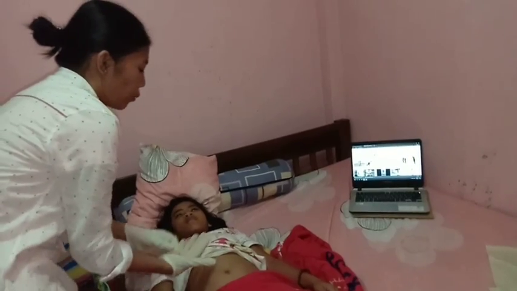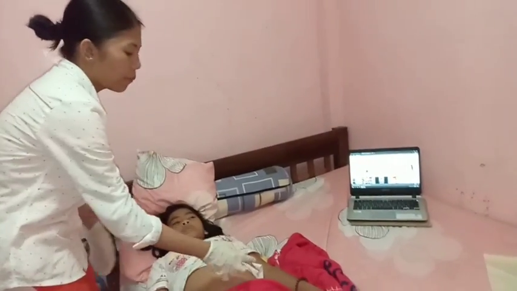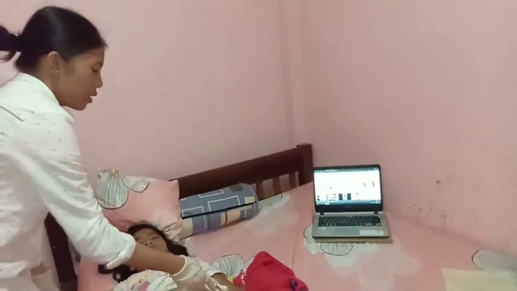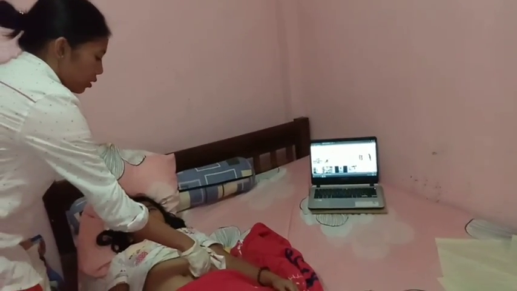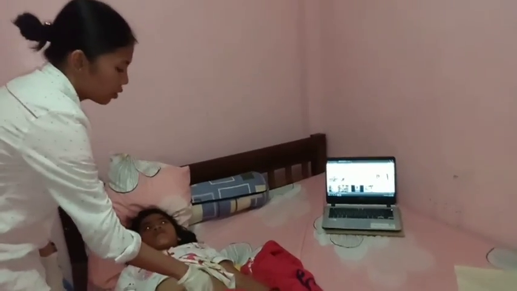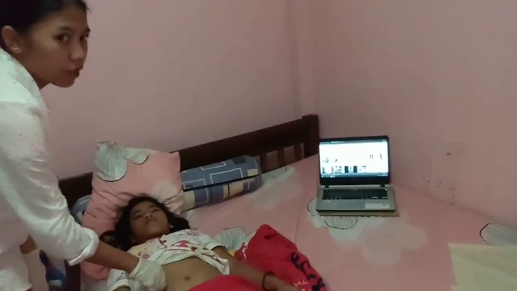I am going to pinch the abdomen using my thumb and the index finger, several times along the abdominal wall.